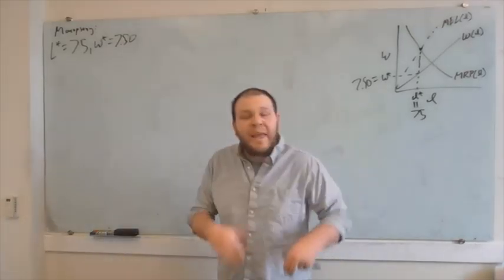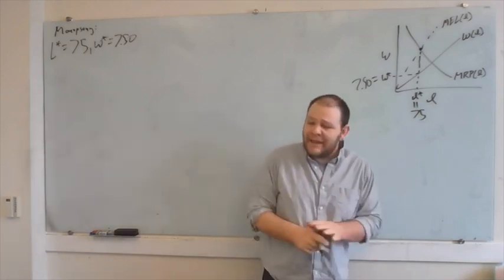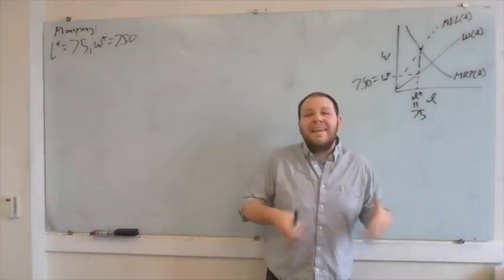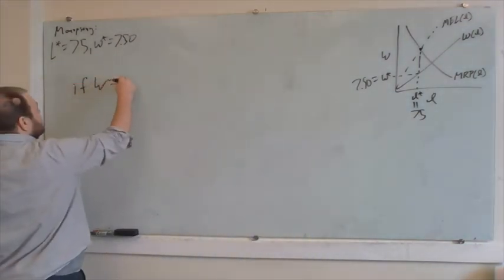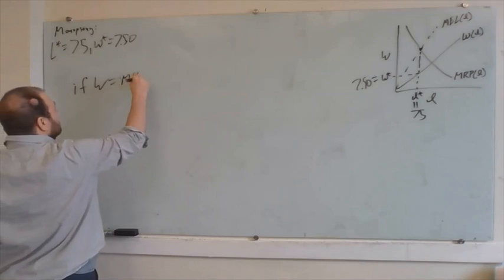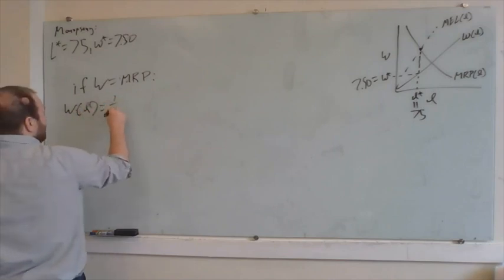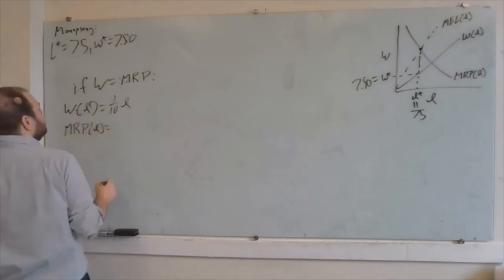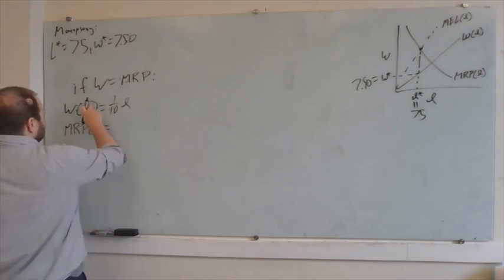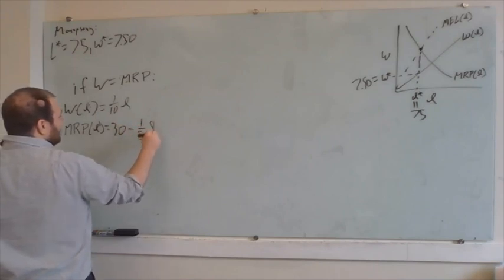Okay, now just so we can understand what this means, right? Understand the implications of this, I want to compare this to what would have happened if wages were equal to marginal revenue product, as they would be in a competitive market, right? So if instead we had wage equals marginal revenue product, right, we would have had W of L, we said it was 1/10 L, marginal revenue product of L was 30 minus 1/5 times L, right?